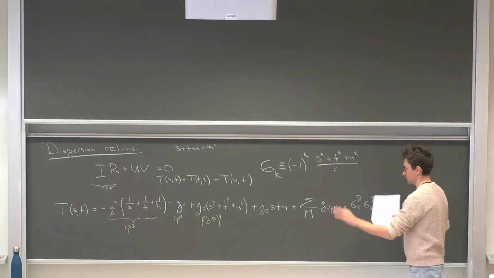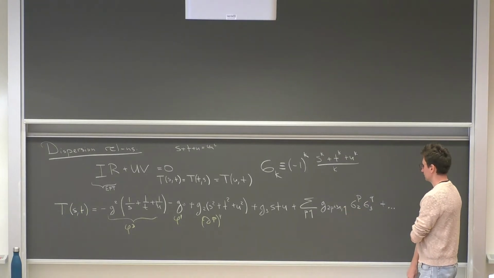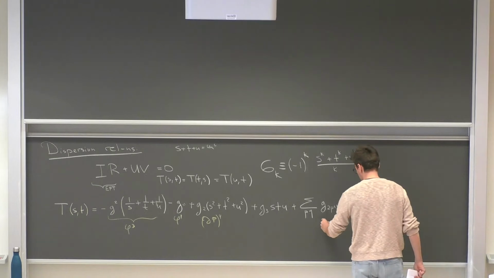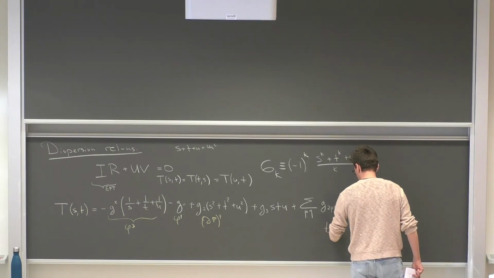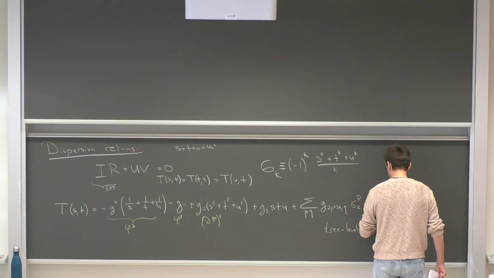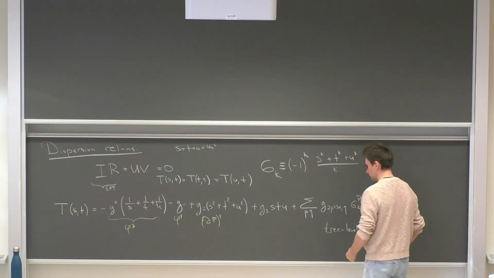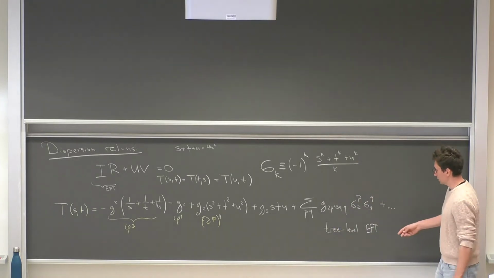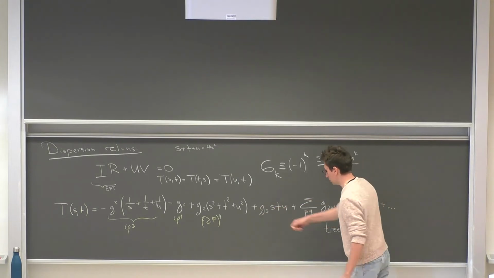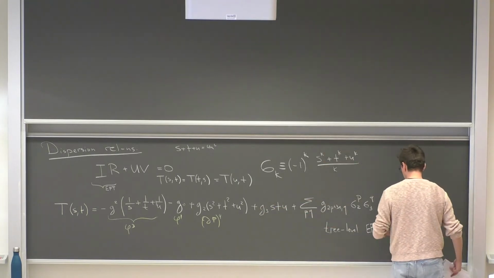it's common and has been common in the last years to consider this kind of expansion, and this is sometimes called tree-level EFT. In fact, I don't know, maybe someone calls it like that, but let's call it tree-level EFT. By tree-level, I mean that there are no logs in this expansion.